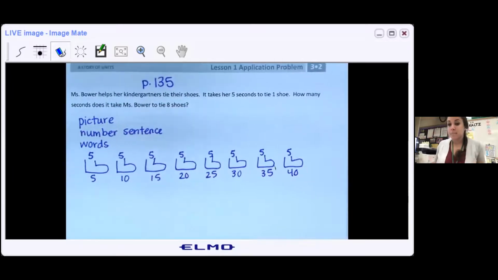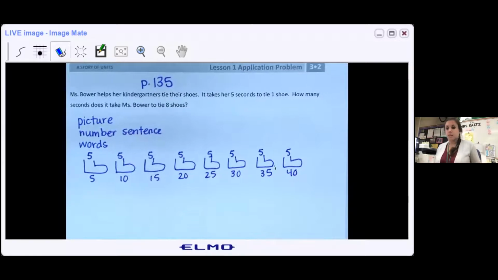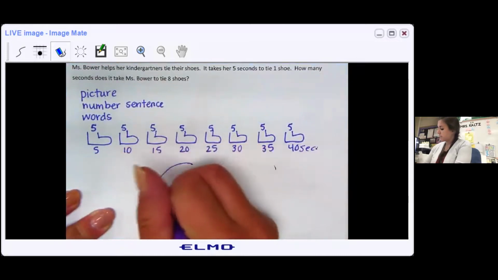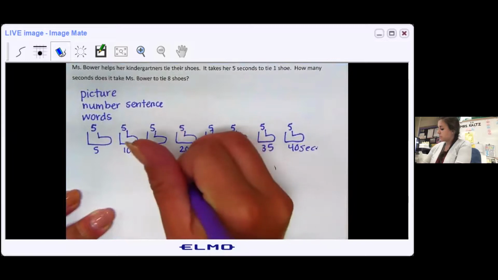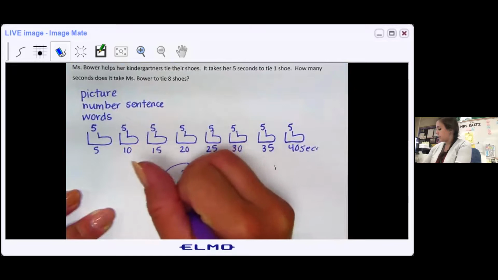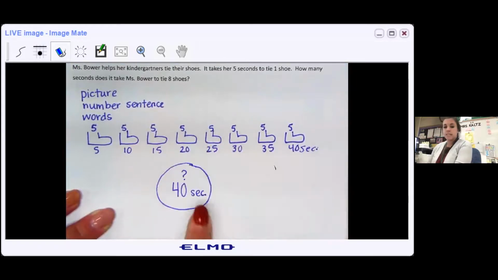Maybe you drew a tape diagram. I'm going to show you a number bond. I know Mrs. Caltz didn't do a tape diagram. What? That's her favorite. I know, but I'm trying to expand my math thinking. So I'm going to turn this into a number bond. So I know it takes her 40 seconds. That's her total amount of time. So up here, and this is what we had been looking for, and we now know it's 40 seconds. One way to shorten seconds is by putting SEC.